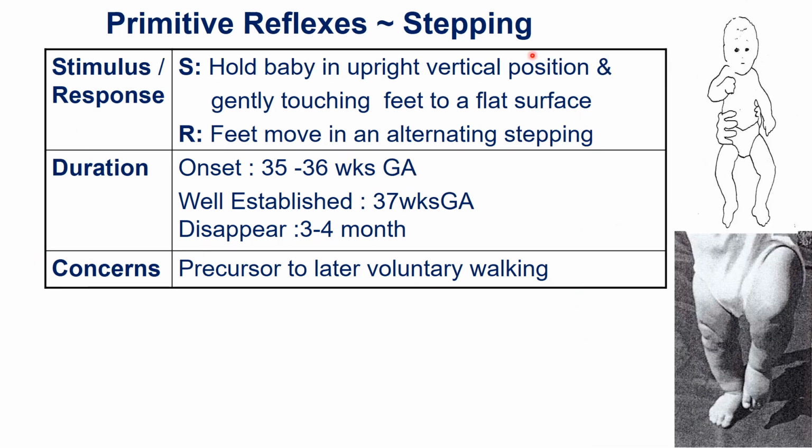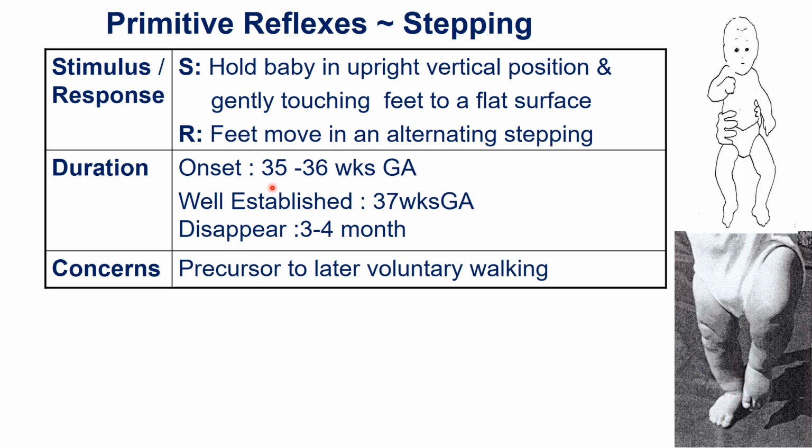Then stepping reflex. Here you hold the baby in an upright vertical position like this, and gently touch the feet to a flat surface. Suppose you are bringing the baby to the table or the ground, so touch a flat surface with the baby's feet, then the response will be the feet move in an alternate stepping movement like this.